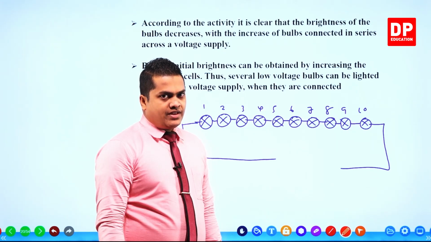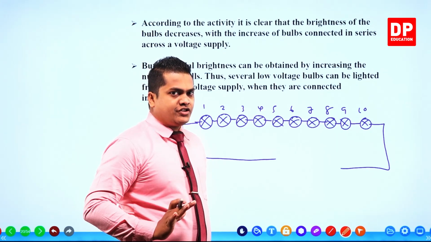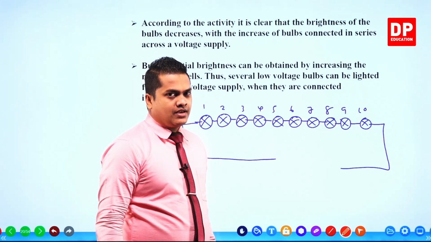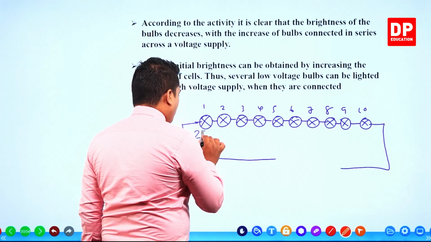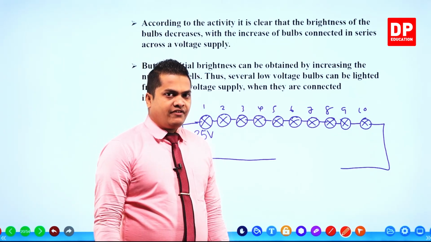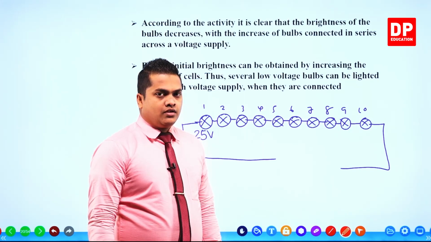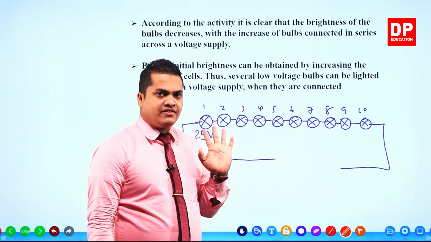I'm going to assume that the maximum voltage that one bulb can bear is just 25 volts. That's it. This bulb can bear up to a maximum of 25 volts.